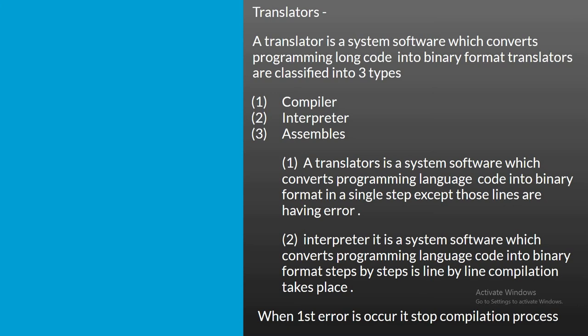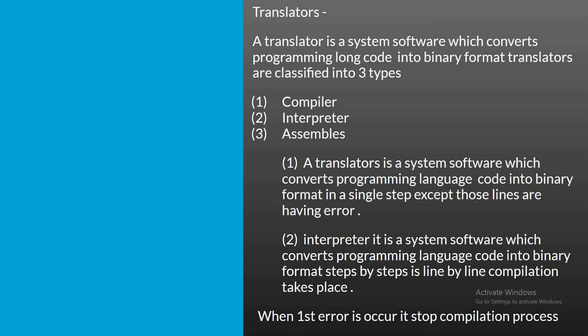The compiler is a system software which converts programming language code into binary format in a single step, except those lines having errors. Except those lines, it will convert all the high level programming code into machine level code, or we can say low level code. An interpreter is a system software which converts programming language code into binary format step by step, line by line.